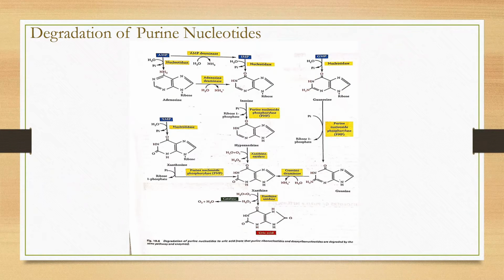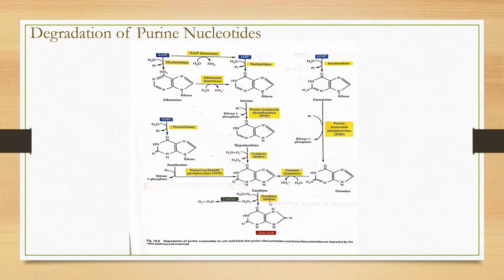Molecular oxygen is used as an electron acceptor in the reaction and is converted to hydrogen peroxide. It is a free radical and potentially dangerous to the tissues, hence it is decomposed by catalase to water and oxygen.